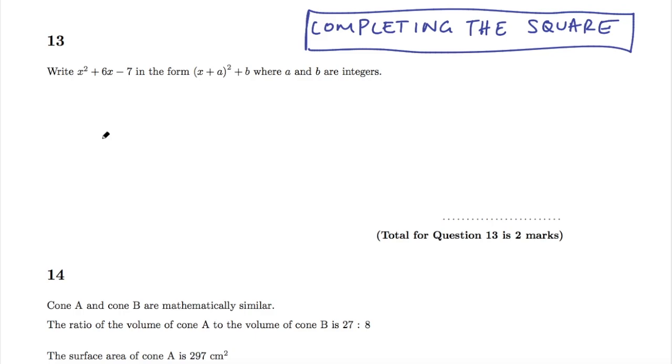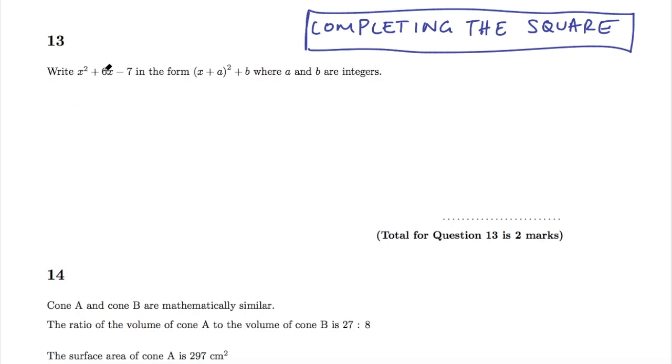So when you are completing the square, there's a process that you can follow, and basically what we need to do is create a perfect square out of this expression, and then add or subtract a number on the end to make it equal the same expression.